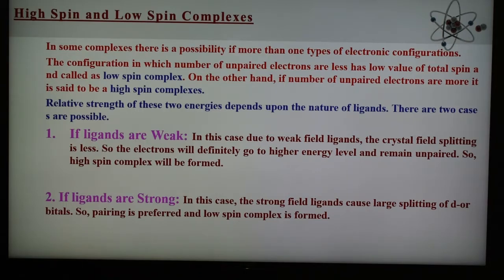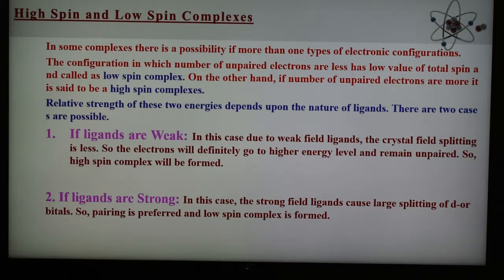The configuration in which the number of unpaired electrons is less has a low value of total spin, and therefore these are known as low spin complexes, while if the number of unpaired electrons is more in the complex, it is said to be a high spin complex. So there are two types of complexes, low spin and high spin.